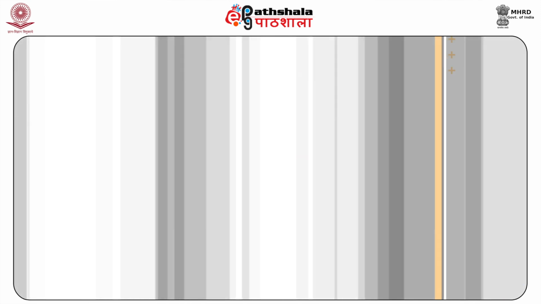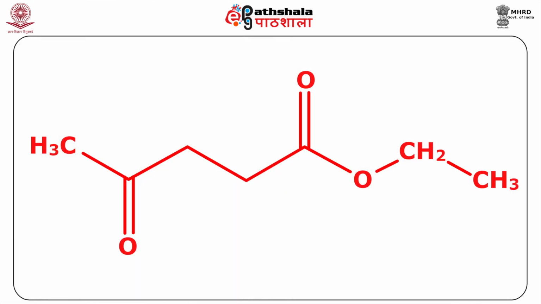Now let us join all the fragments of information that we have elucidated from the given set of values of proton NMR and the IR. The structure of the given compound would be CH3COCH2CH2COOCH2CH3.